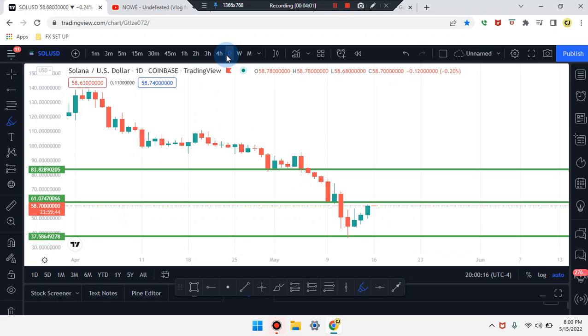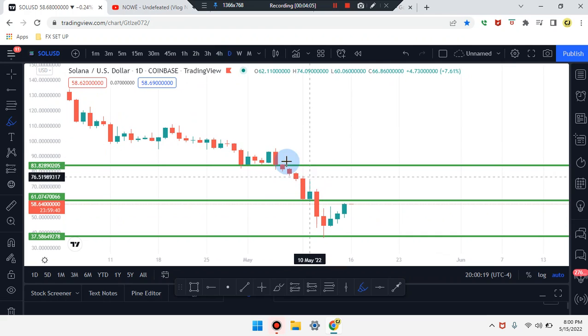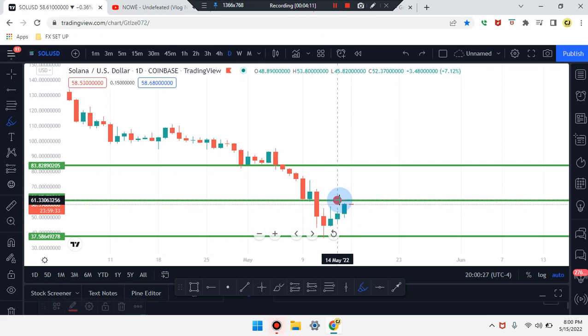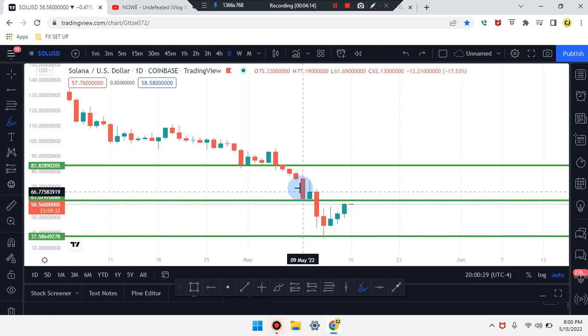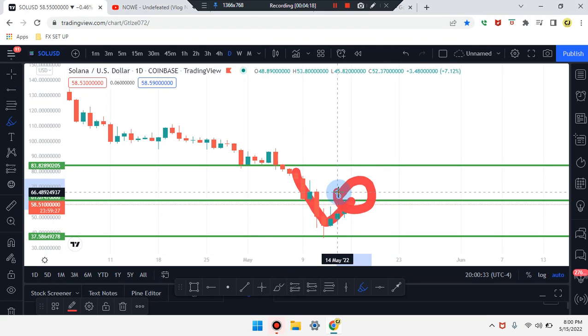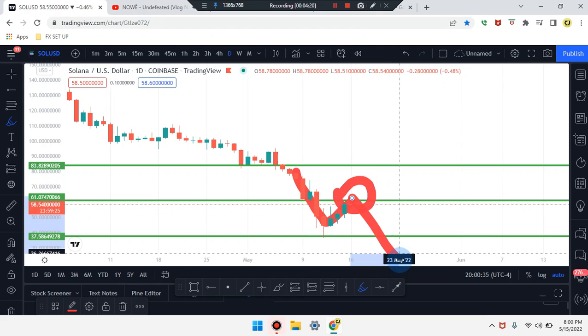On the weekly time frame, we have market broke that area. It's coming back to retest. So we've got to see what's going to happen in this area here. So market broke, came back to retest, primarily looking for that pattern to form for that market to push down further.